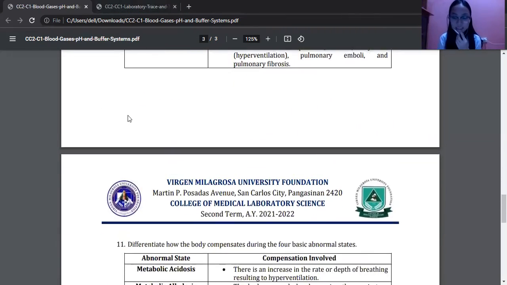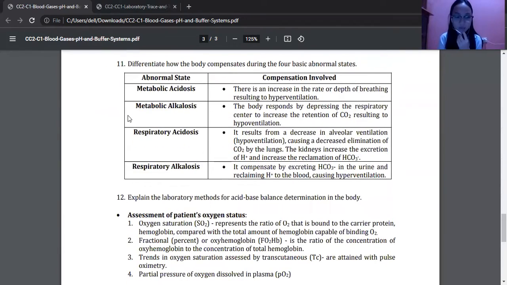The next is the compensation of this. Okay, compensation involved in these basic abnormal states. So in metabolic acidosis, since there is a loss of bicarbonate, carbon dioxide will decrease, which may lead to an increased rate of breathing, resulting in hyperventilation.